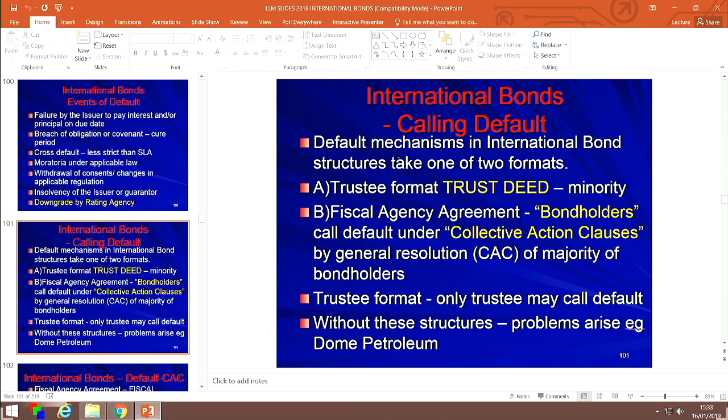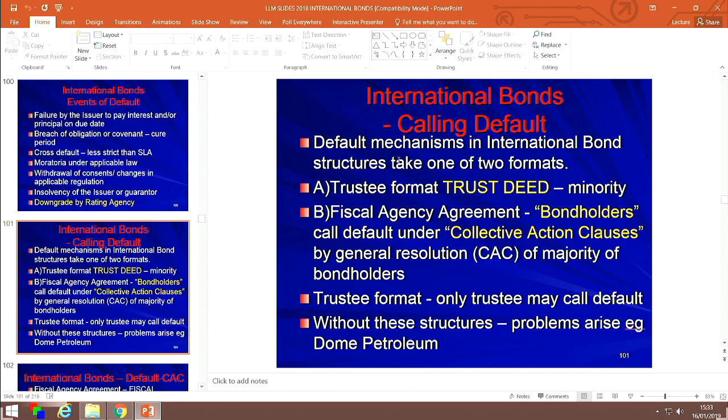where a fiscal agent is appointed. But very importantly, this entity appointed as a fiscal agent has nothing to do with the calling of default. Repeat, nothing to do with the calling of default. What the fiscal agency agreement contains, however, is a procedure for the calling of default under a mechanism called a collective action clause, a CAC.